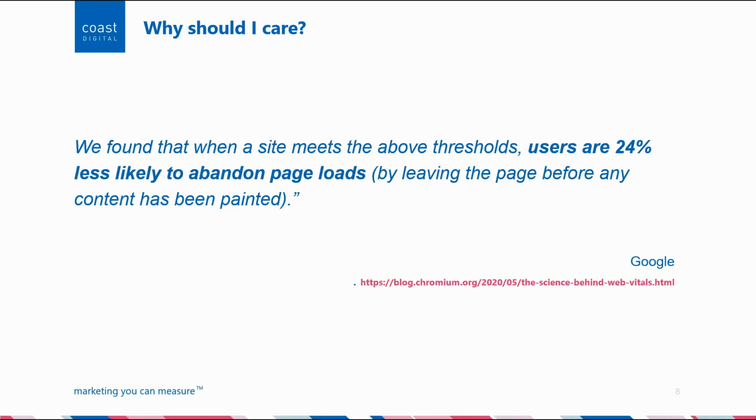The other reason we should care about this, not just from a search rankings perspective, is that when Google did all of their research into this and came up with these metrics and the thresholds that they deem are relevant to the metrics, they found that if you meet all of the criteria, your users are 24% less likely to abandon page loads, which is massive if you think about that. So if you were able to go from a situation where you aren't meeting these criteria to where you are, and that gives you 24% less abandoned page loads, that is 24% more page views, essentially, which is absolutely massive.